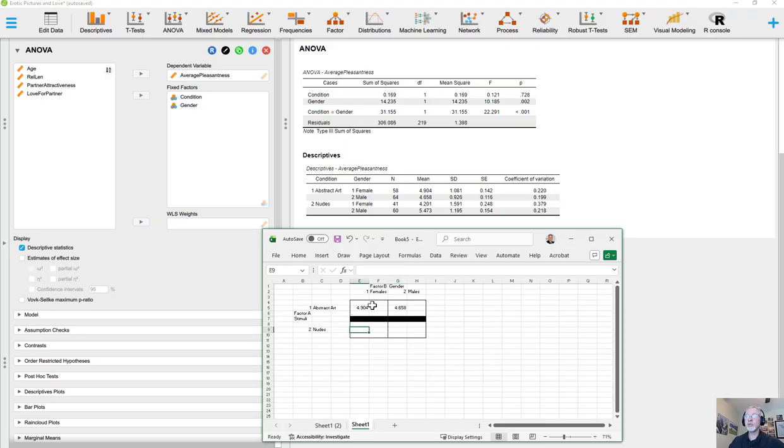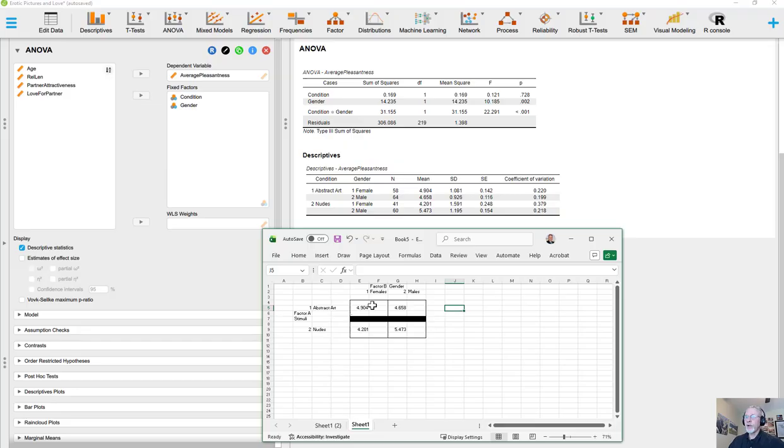For those seeing nudes, for the female, that was 4.201. And for the male seeing nudes, it was 5.473. Okay.